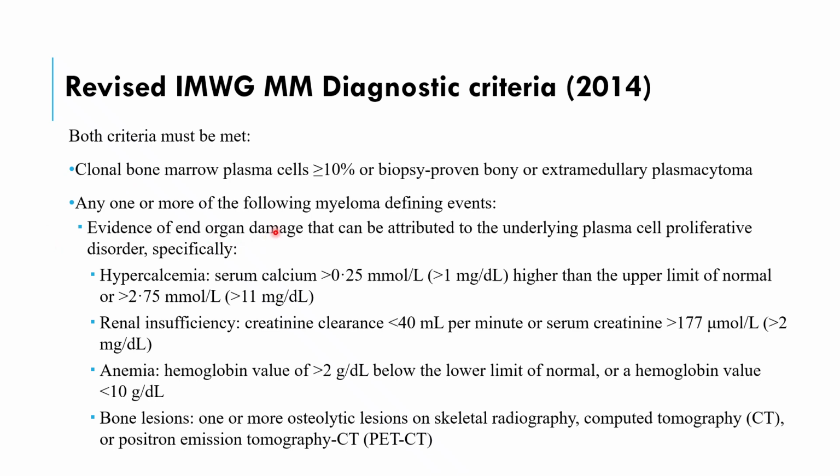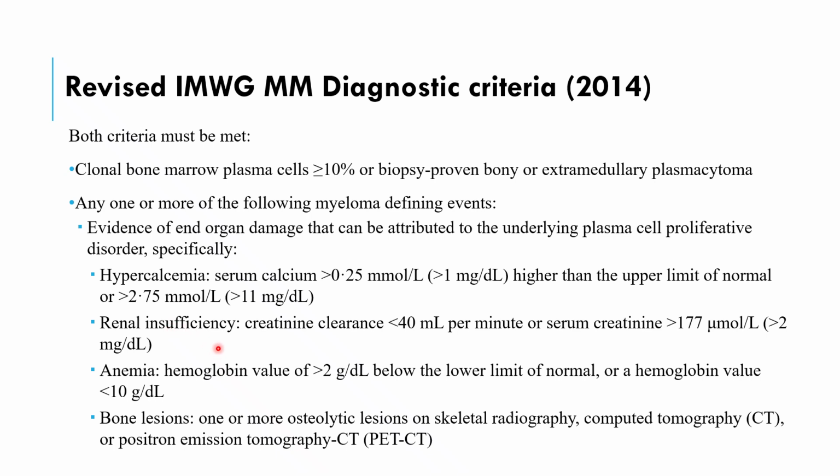Evidence of end organ damage that can be attributed to the underlying plasma cell proliferative disorder, specifically hypercalcemia, that is serum calcium more than 0.25 millimole per liter or more than 1 mg per deciliter higher than the upper limit of normal, that is more than 11 mg per deciliter.